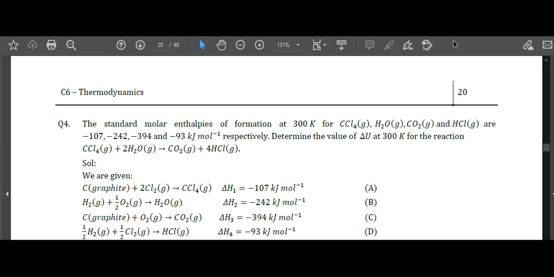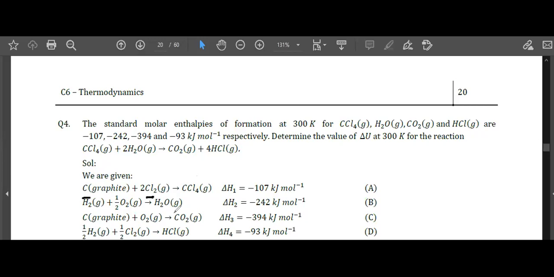For example, CCl4. If it is standard enthalpy of formation, it means it is formed from its components. The components of CCl4 are carbon and chlorine. So you have to react carbon in its natural form, which is graphite, and chlorine in its natural form. Same with H2O, same with CO2, same with HCl.